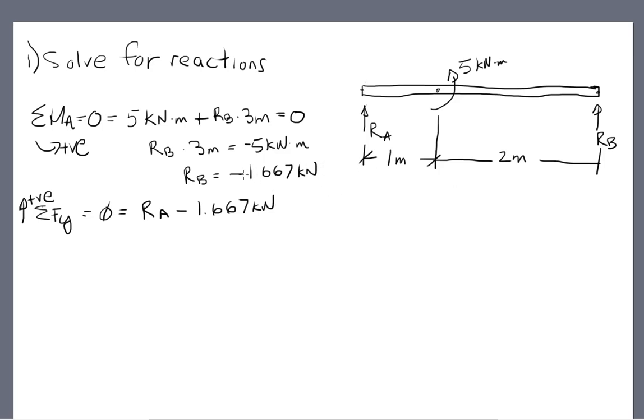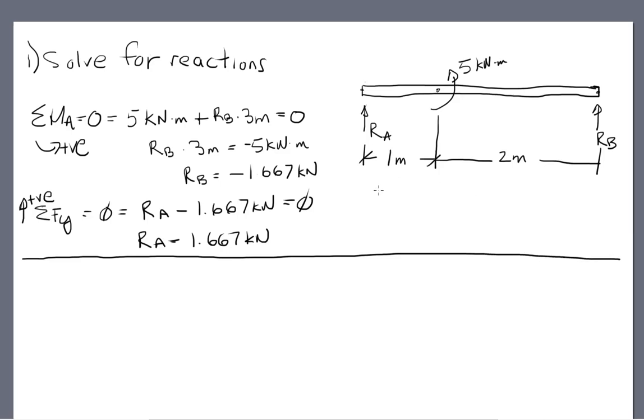Remember, this negative indicates that it's actually going down, and all that equals 0. So then R_A equals 1.667 kilonewtons. So we know R_A and we know R_B, and now we need to look at making a shear and bending moment diagram. So let me just draw a line here.